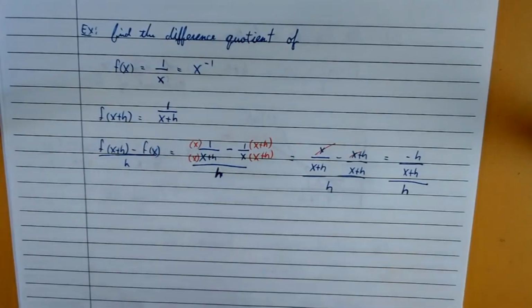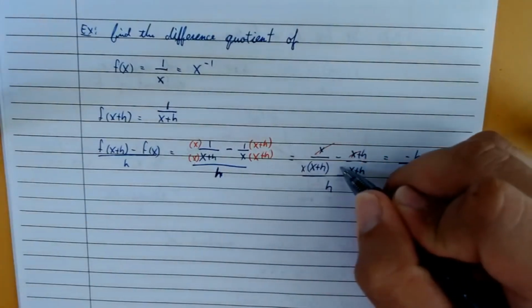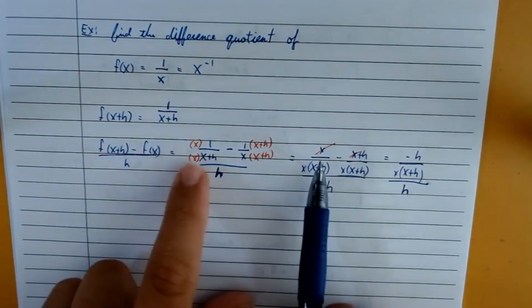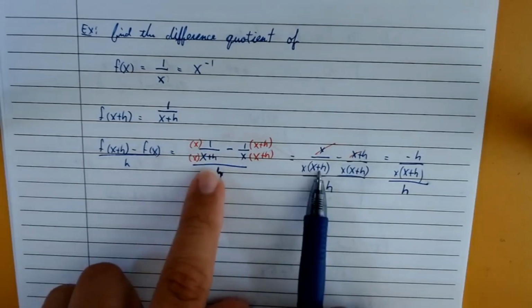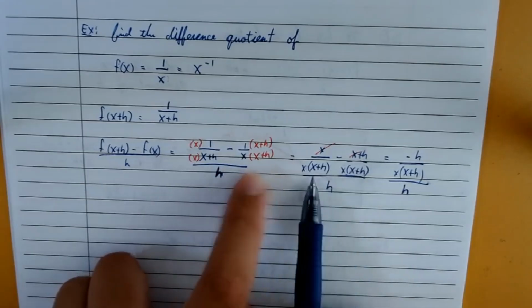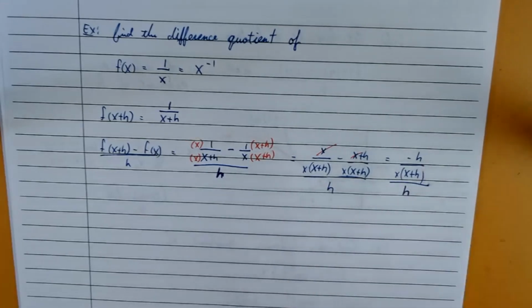I forgot that extra x here, didn't I? So that's x over x times x plus h minus x plus h over x times x plus h. There we go, much better. So here, that's the common denominator. And now notice this h and that h divide away.